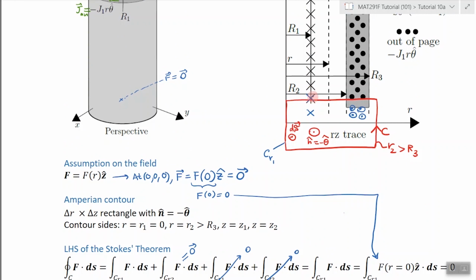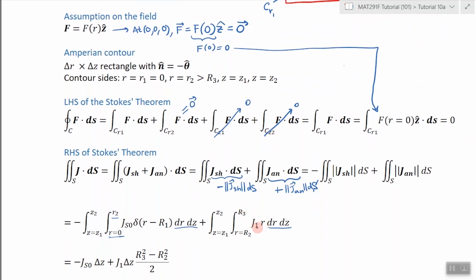This is okay to do for the sheet because the delta function will already take care of the fact that the current density is 0 everywhere except these points. But this is not the case when you're plugging in J1R. When you're plugging in J1R, you are not taking care of the fact that current density is non-zero only between these two values. That's why you have to take care of it separately by making the bounds correct.